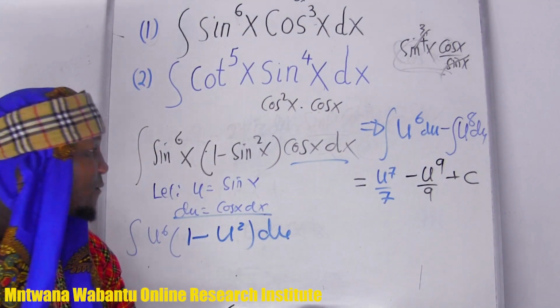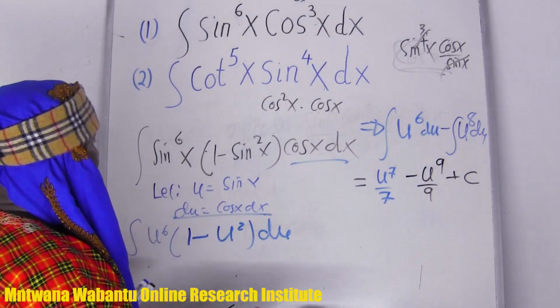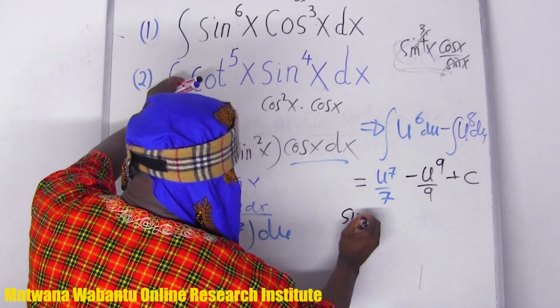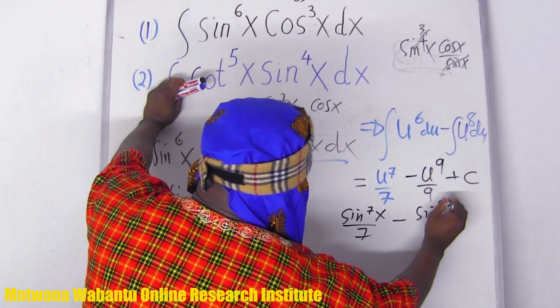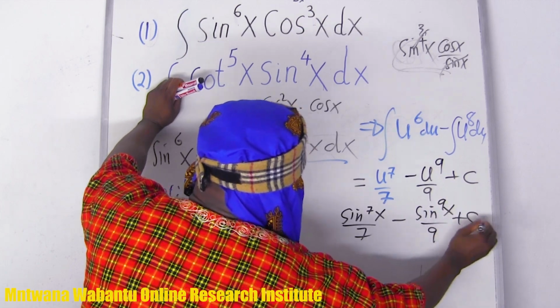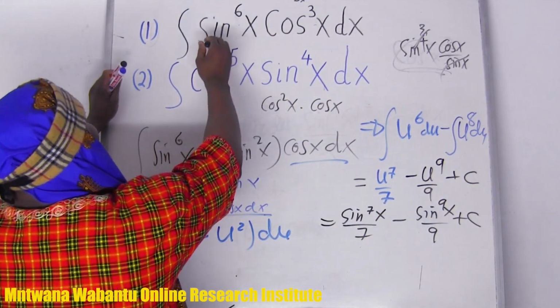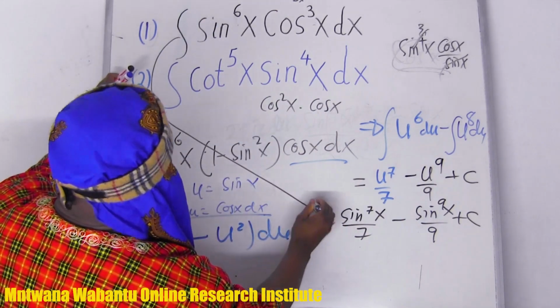My pen is getting finished, I apologize. But we know the value of u: u equals sine of x. So then I'm going to say sine power 7x over 7 minus sine power 9x over 9 plus constant c. That's the answer for the first question, right?